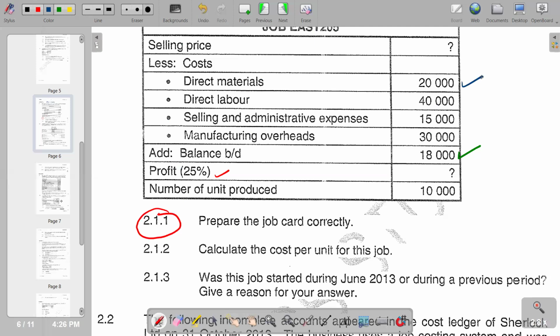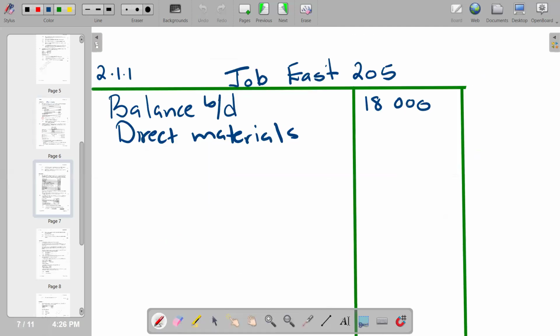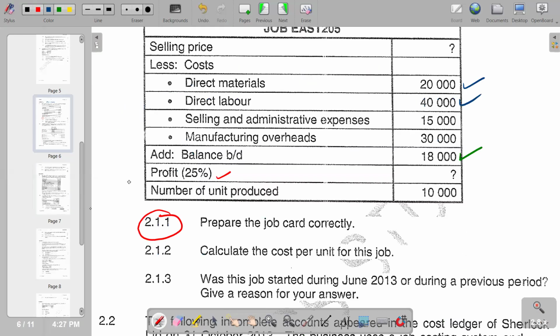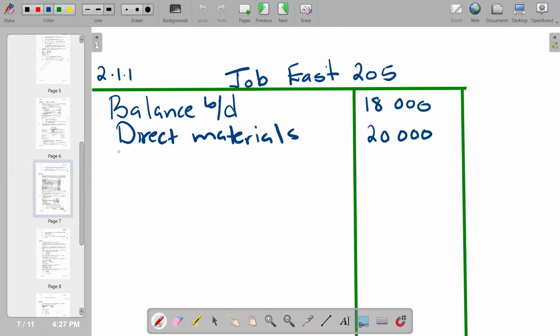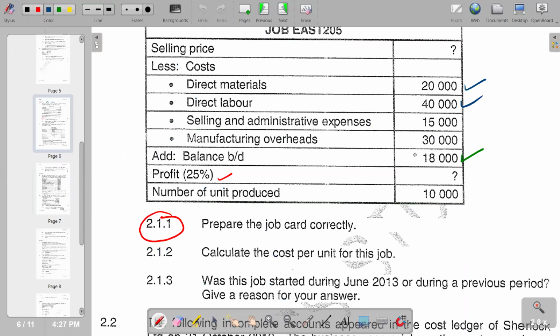So we take 20,000 and put it here. The other direct cost that we have is direct labor, which is indicated as 40,000. So we are supposed to also include direct labor, and remember, the amount that we have is 40,000.